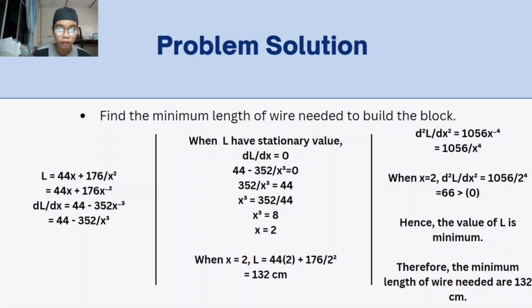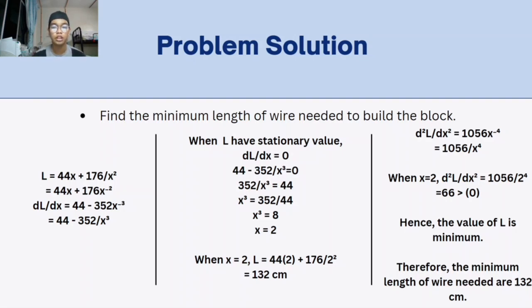And finally, we have arrived at the final question, which is to find the minimum length of wire needed to build the block. Now for us to find the minimum length, we need to differentiate the L equation first, and this will give us dL over dx is equal to 44 minus 352 over x to the power of 3. Now when we are talking about the minimum length or the maximum length, we need to consider that L has a stationary value.